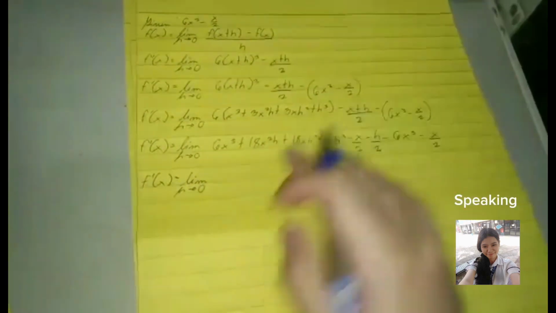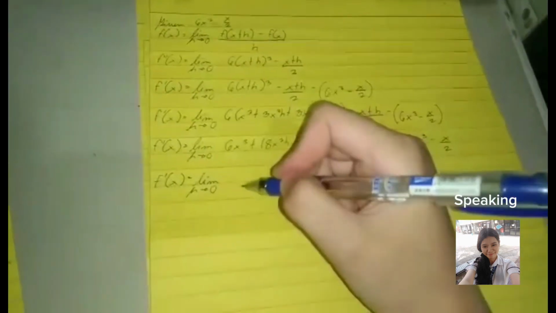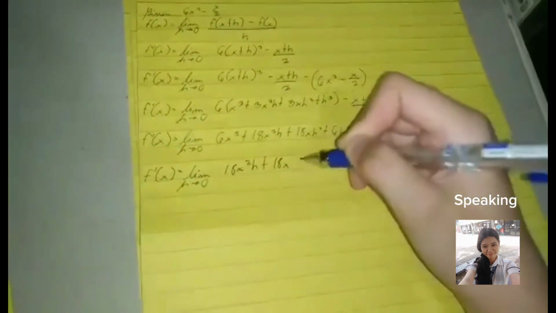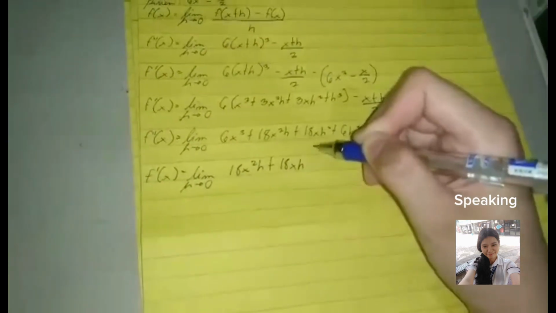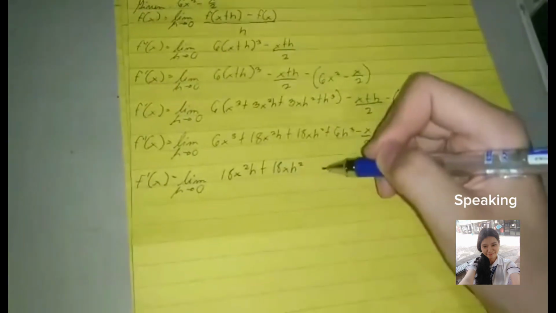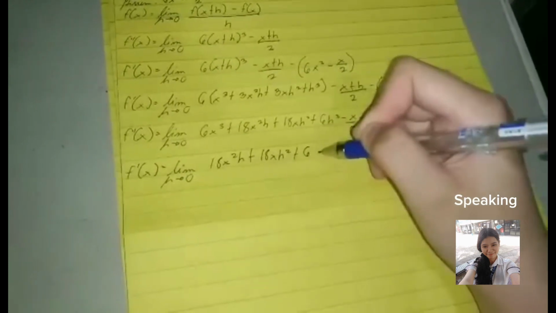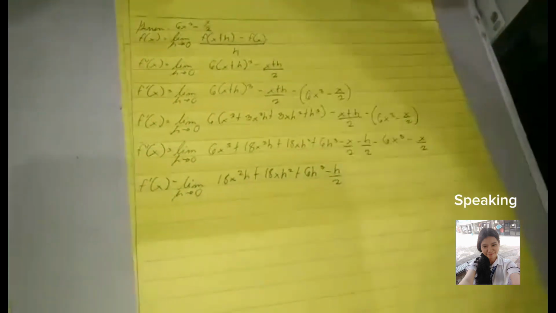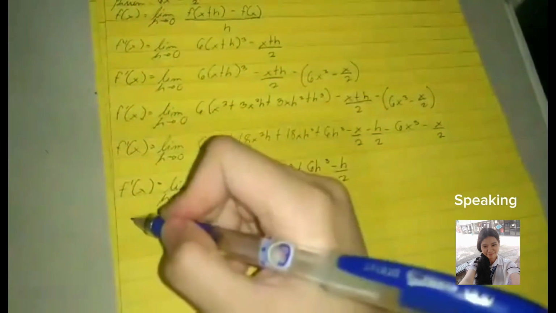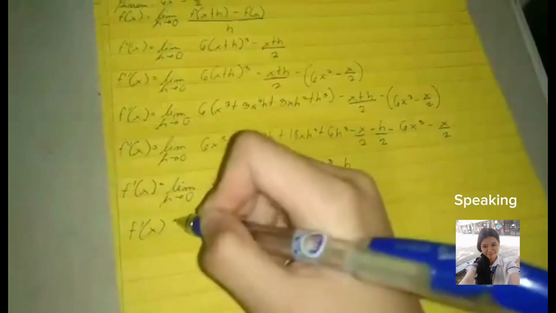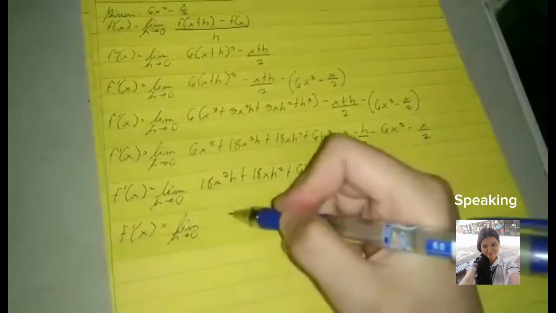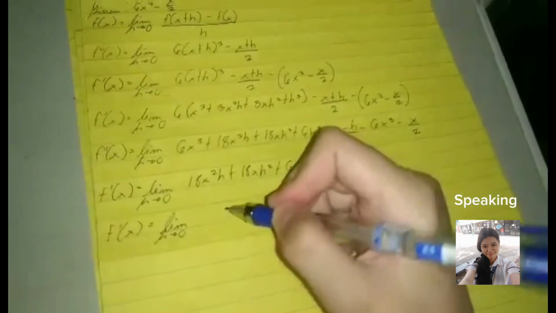After combining like terms, we simplify the expression, leaving us with 18x squared h plus 18x h squared plus 6h cubed minus h over 2. We will divide the result by h and simplify the expression further by cancelling h.